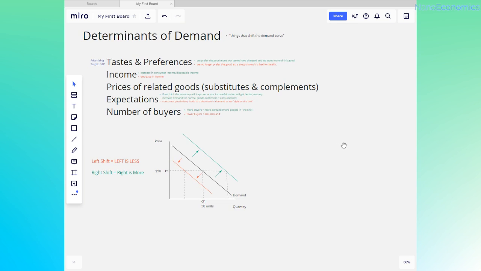So now what we're going to do is real quickly talk about price of related goods, substitutes and complements.